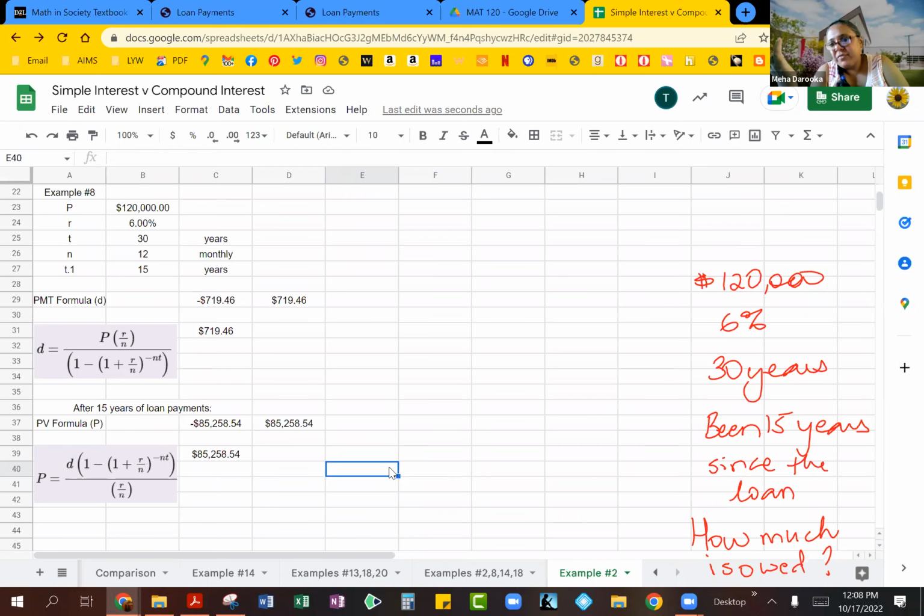That is where we use the PV or the P equals formula from your textbook to figure out how much of my loan amount has been paid and how much is basically left. So the $85,258.54. This example is basically using both PMT and PV formulas.